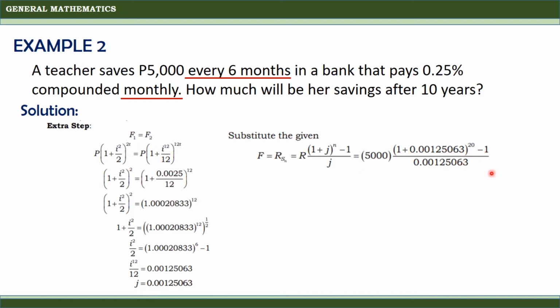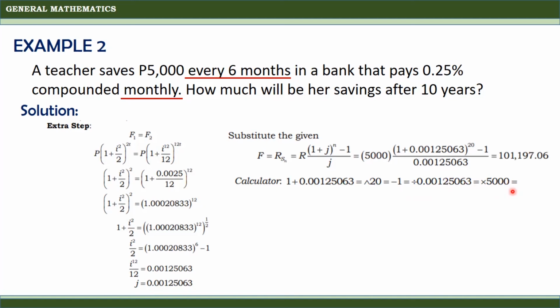Using our calculators to compute the value of this expression, we need to input the following. 1 plus 0.00125063 equal sign, raised to 20 equal sign, minus 1 equal sign, divided by 0.00125063 equal sign, then times 5,000 equal sign.